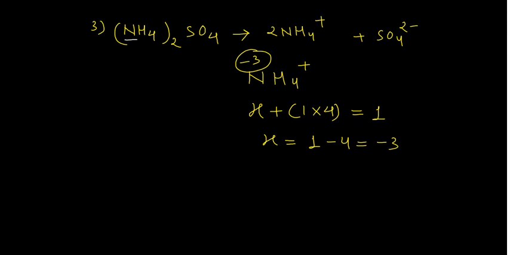Now we can do one more problem. Say you have problem number 4 and you have been given lead oxide Pb3O4. This species you have been given, and you have to calculate the oxidation state of lead, the oxidation number of lead. So how will you calculate?